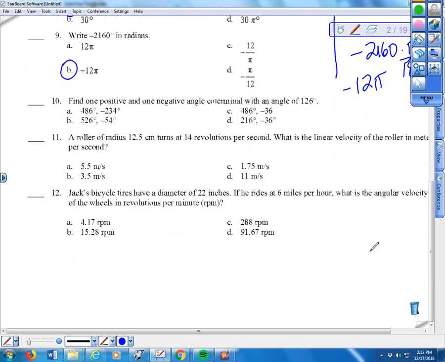Okay, find one positive and one negative angle, coterminal. 126 is over here. So 180 minus 126 is 54.